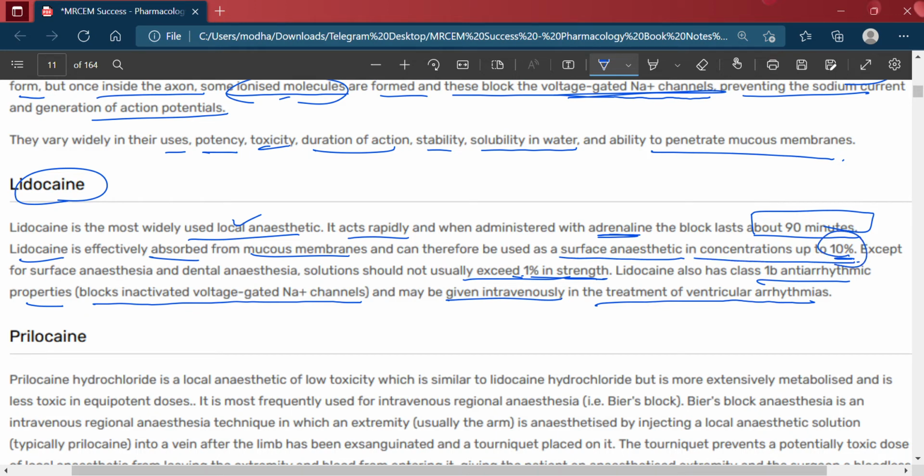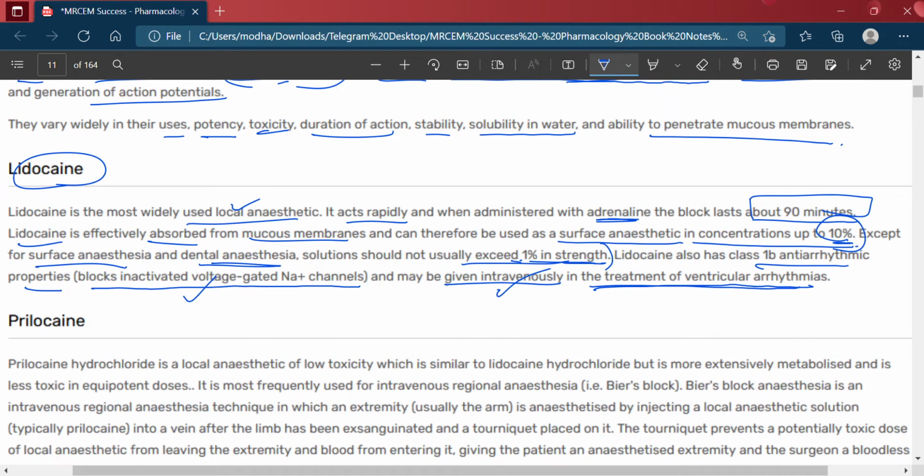Except for surface and dental anesthesia, solution should not exceed 1% in strength. Lidocaine also has the class 1b antiarrhythmic property. It blocks inactivated voltage-gated sodium channels and may be given intravenously in the treatment of ventricular arrhythmia.